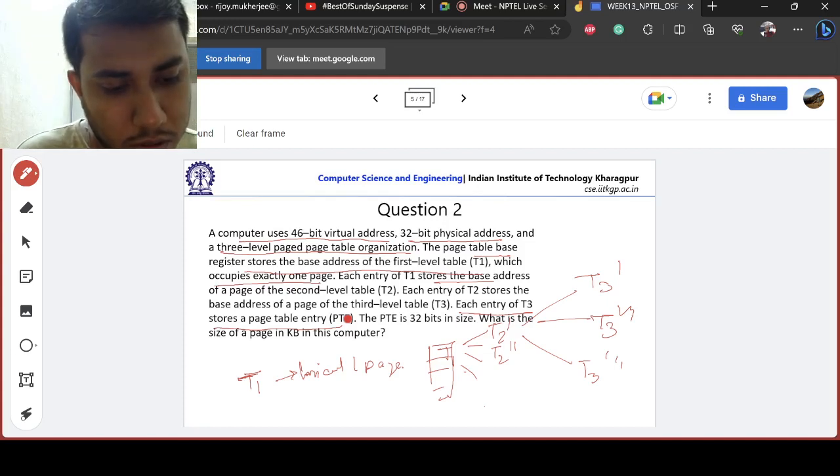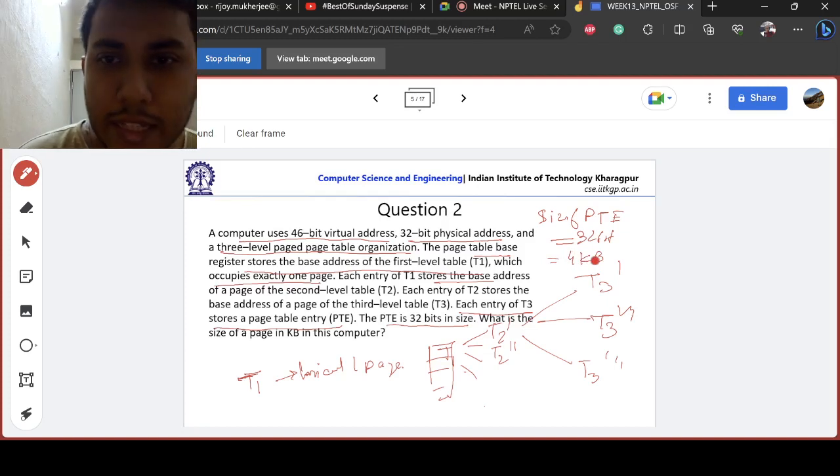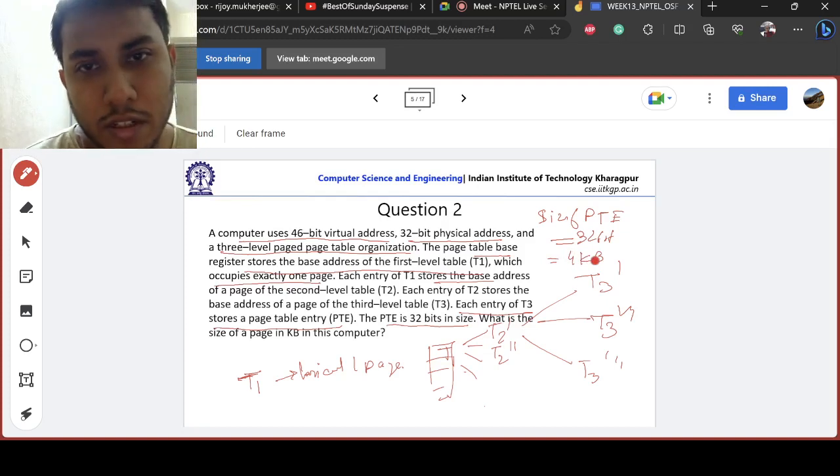The page table entry size is 32 bits, which is 4 bytes. So the question is, what is the size of a page in KB in this computer?